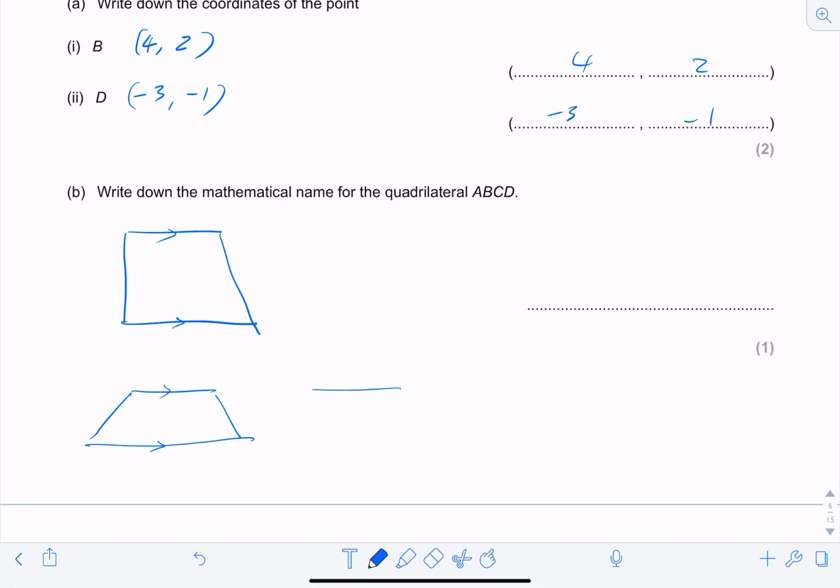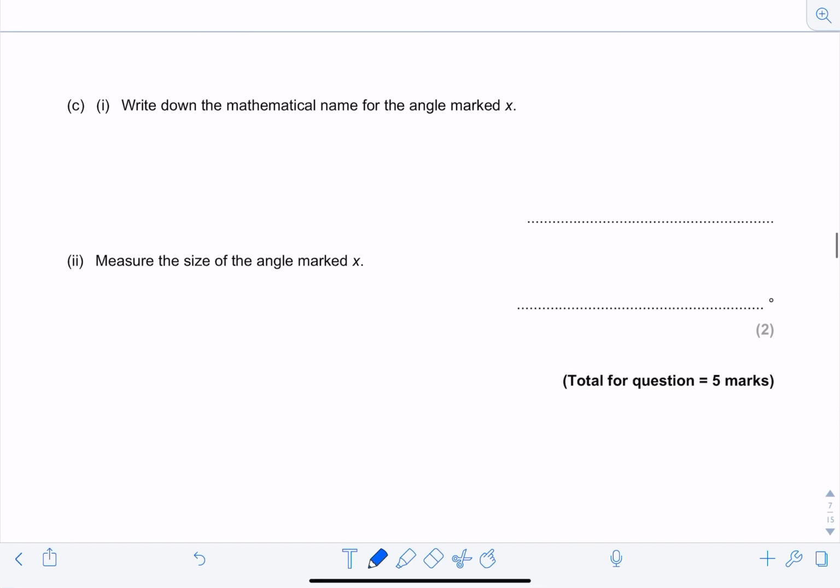Remember, if you've got 2 parallel lines and 2 more parallel lines, that's a parallelogram. So that's the name, trapezium. Spelling isn't essential. As long as it looks something like trapezium, you get your marks.